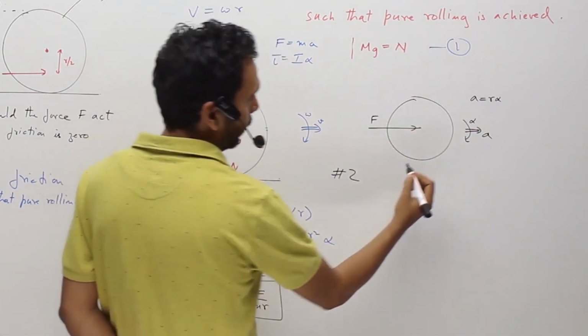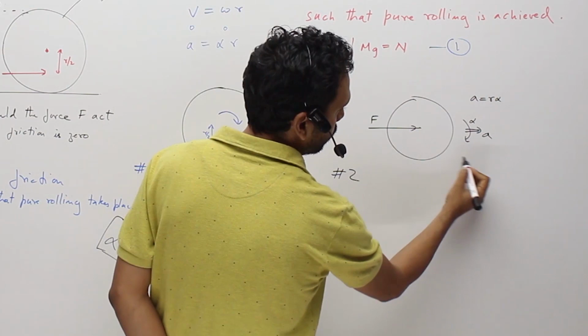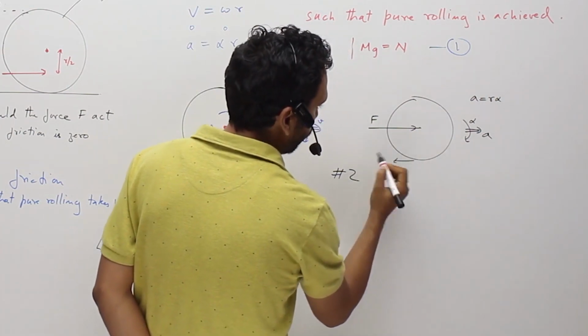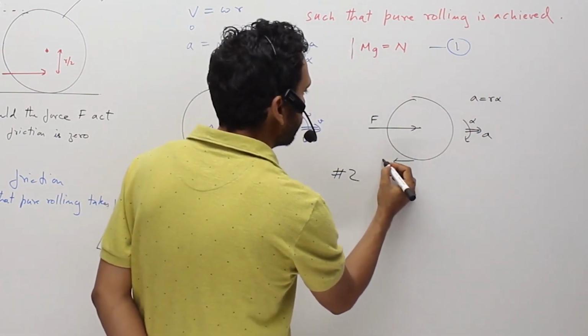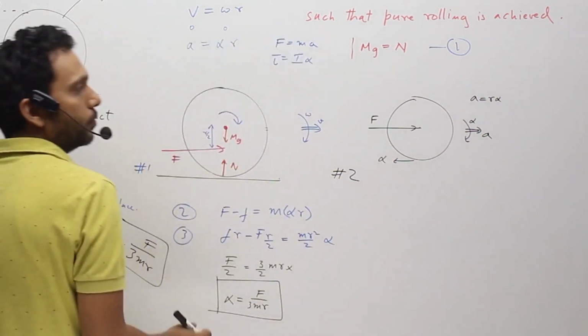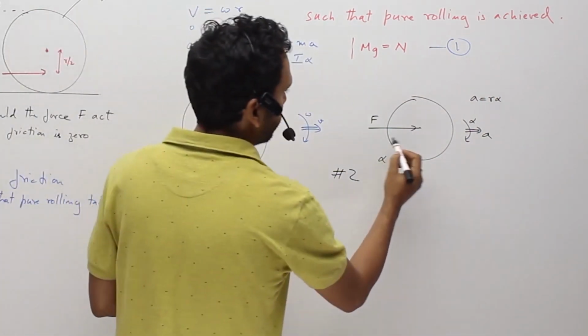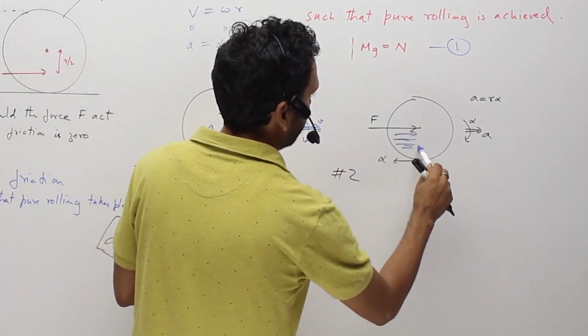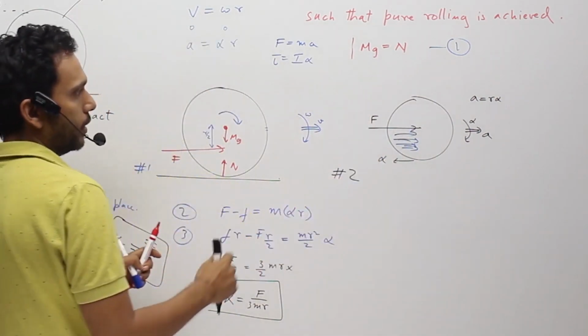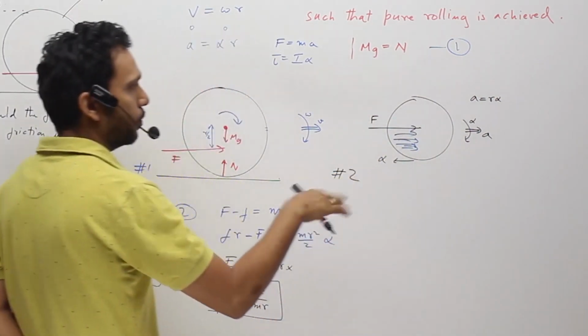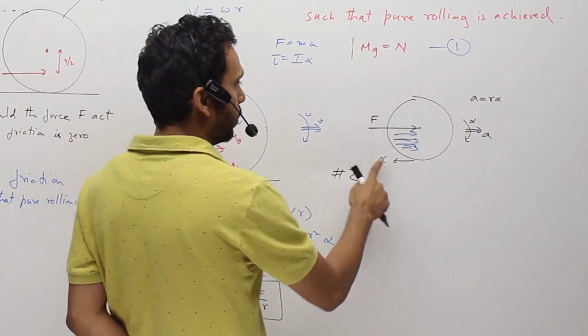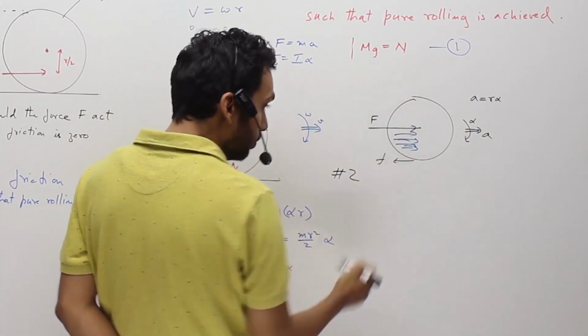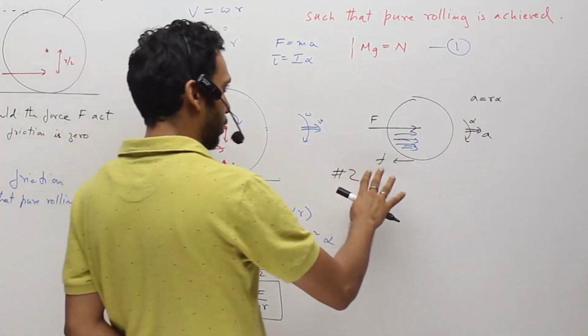That forward alpha cannot be created by a force which is forward. A forward alpha can only be created by a force which is backwards. So what we see is, if your force was anywhere in this range, at the center and below, then there is no debate. The forward alpha will only come with a backward friction, hence friction will be backward only.